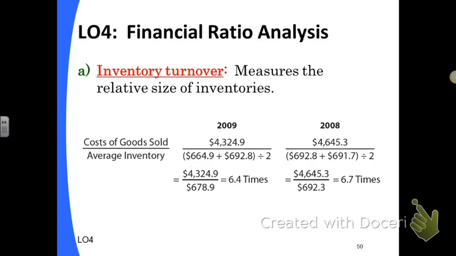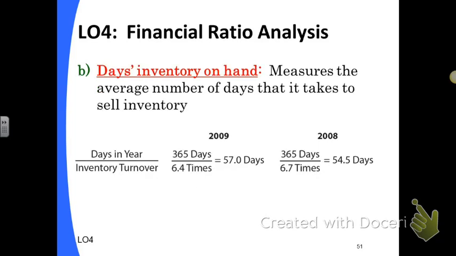Okay. The flip side of that is the average days of inventory on hand, and this measures how long they're keeping their inventory on hand within the company before they're selling it. And again, here we see that the inventory turnover days increased from 54.5 days to 57 days.